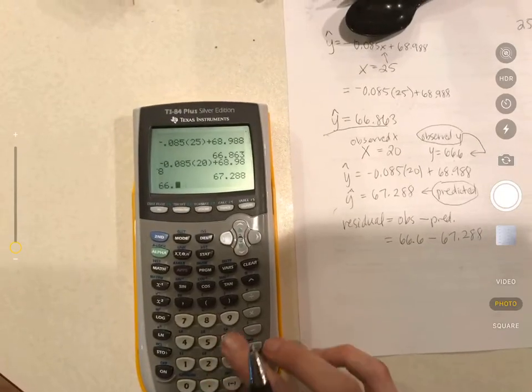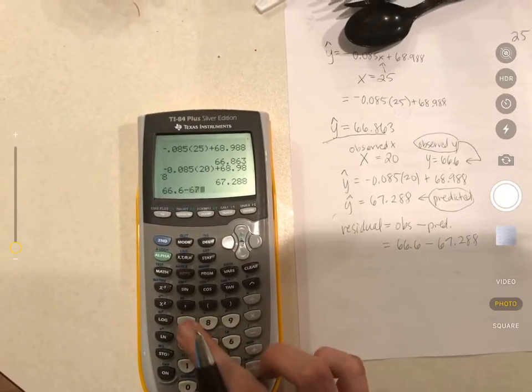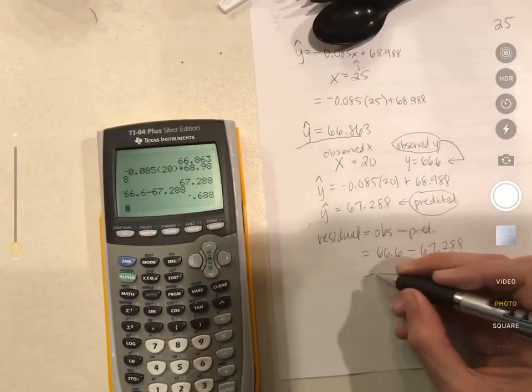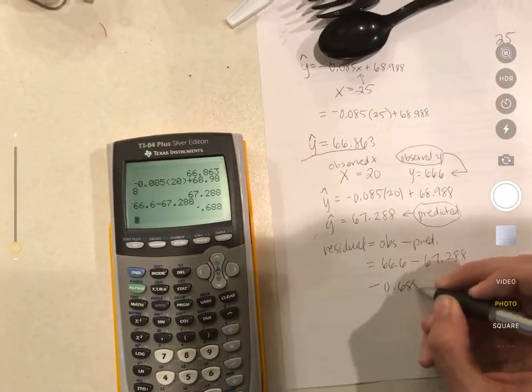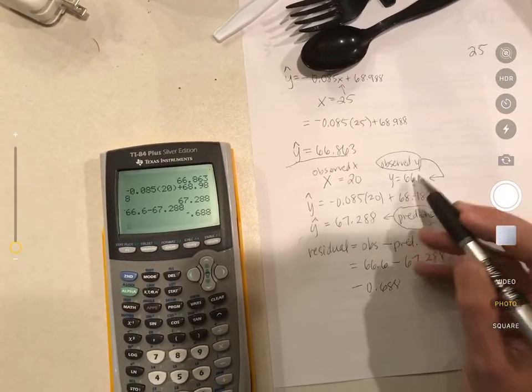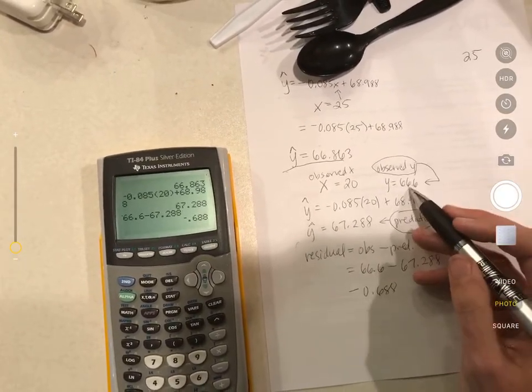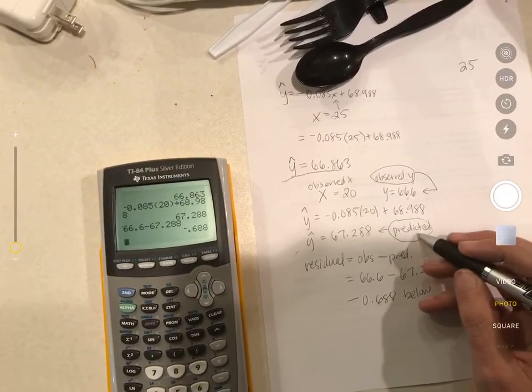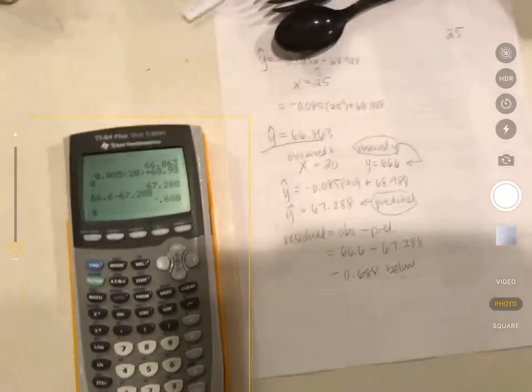So 66.6 minus 67.288 is a negative 0.688. That means that the observed value, because it's negative, falls below the average value or the predicted value.